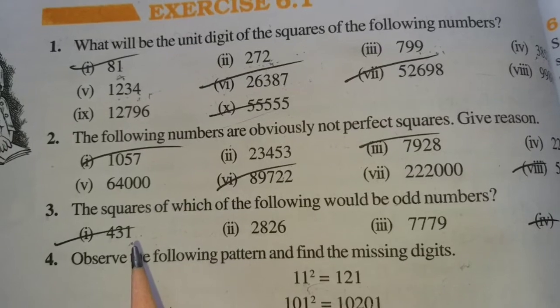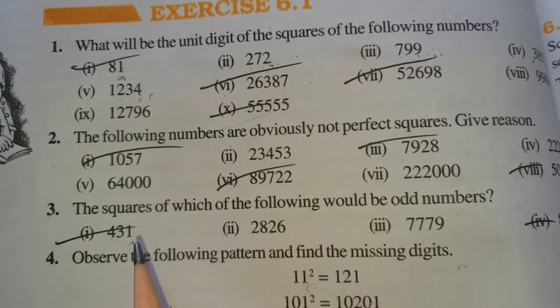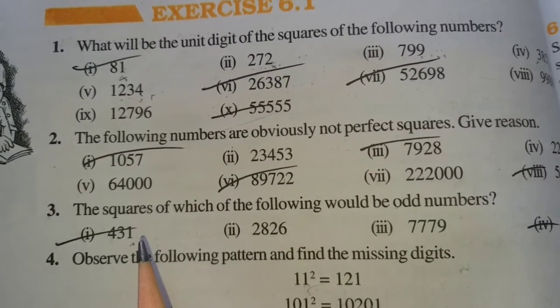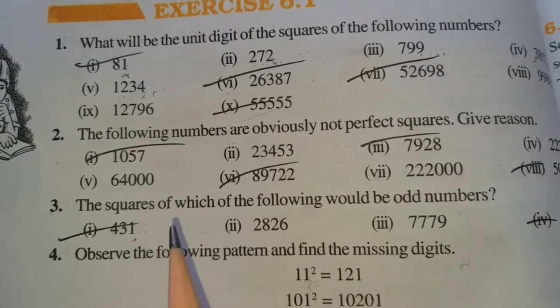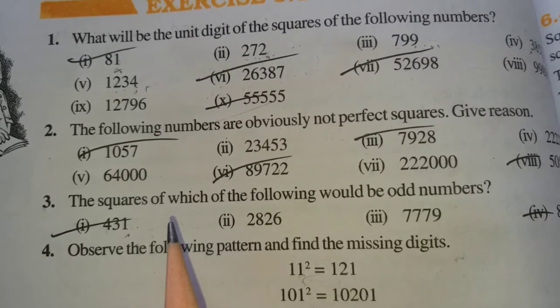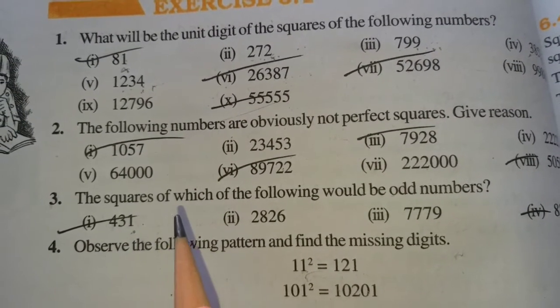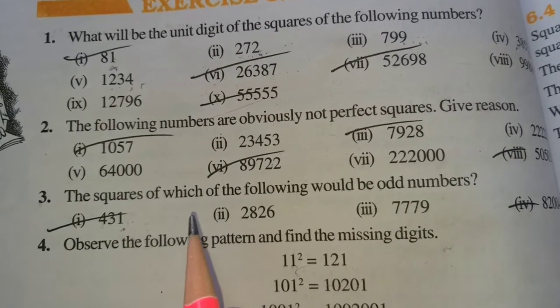The numbers that have the unit place digit as an odd number have an odd number in the unit digit when we find the square number or perfect square. It is simple. If the unit place digit is odd, its perfect square will also be odd. Okay, that reason you have to give here.